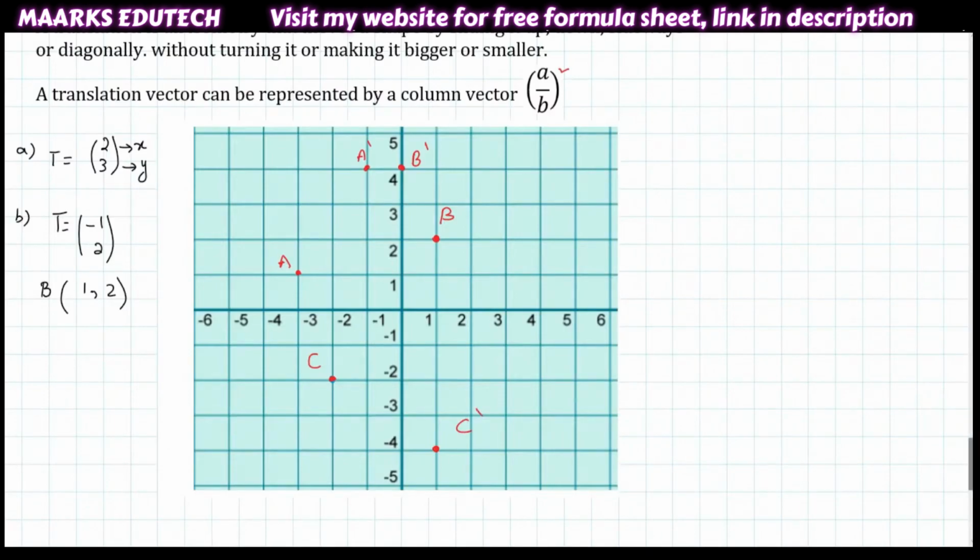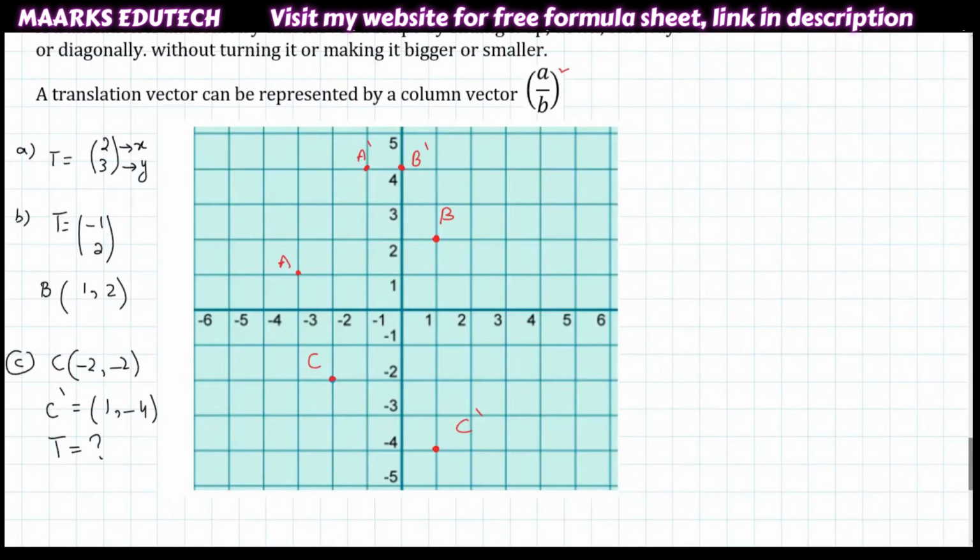Now in part C, I need to find the translation vector. C given is -2, -2, and C dash given is 1, -4.